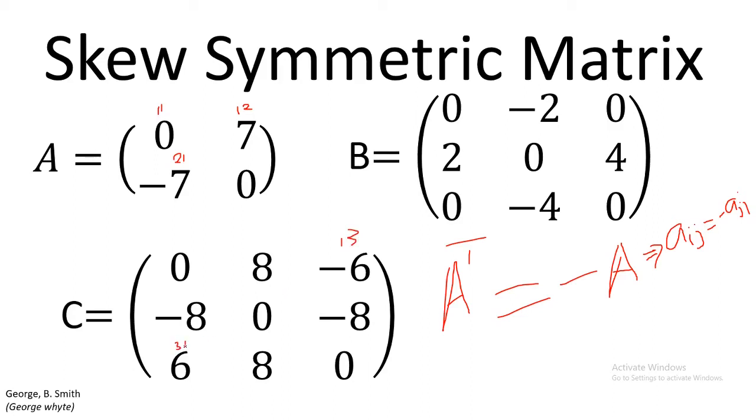You can see A31 and A13, they are basically negative to each other. Or let's look at this. This is A12. So where is A21? This is A21. I can see one is negative of the other.